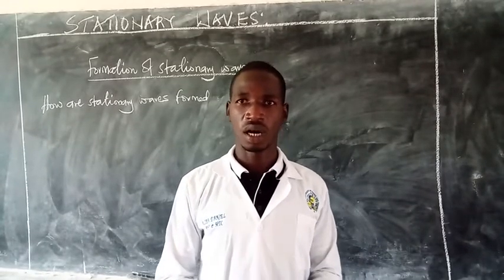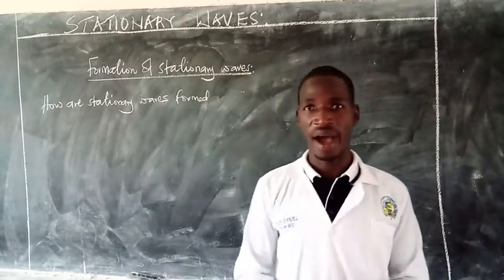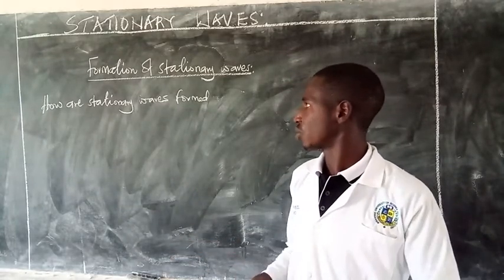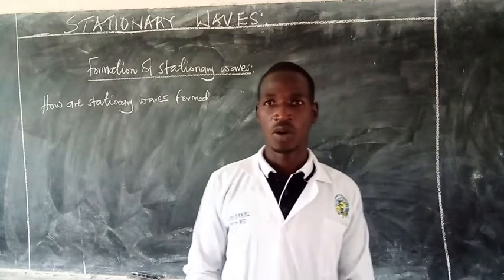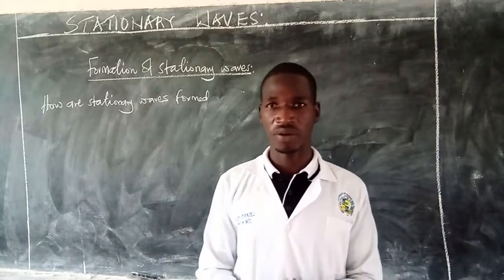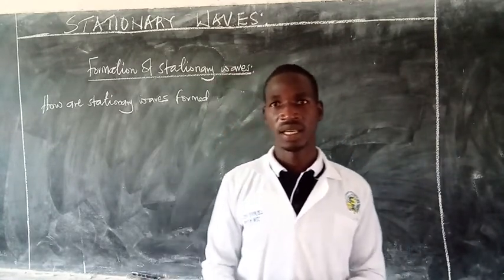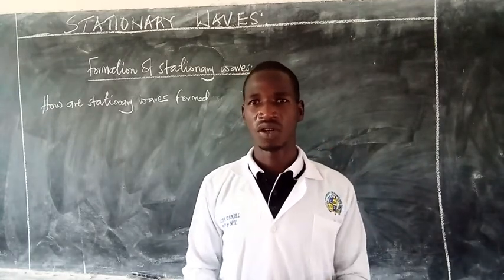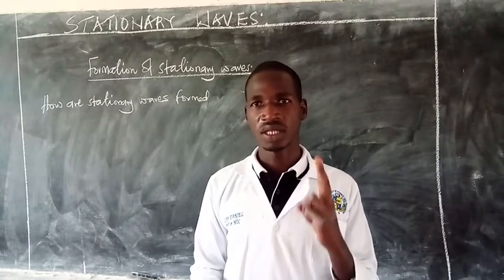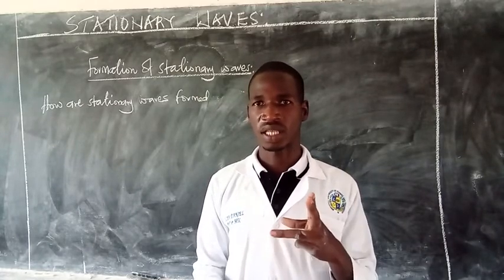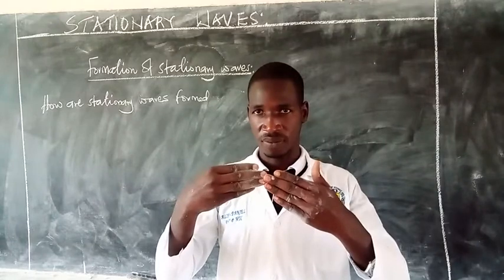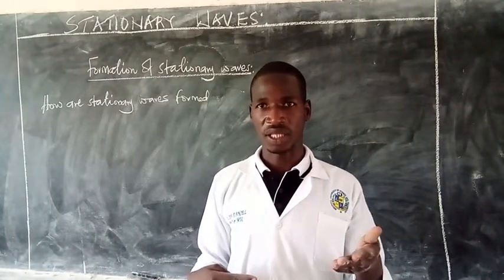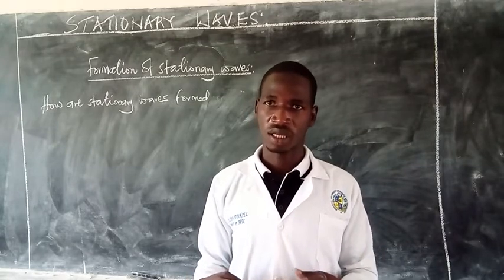Let's see how stationary waves are formed. Here we have a question. How are stationary waves formed? When we describe the formation of stationary waves, we can say stationary waves are formed when two progressive waves of equal amplitude, same frequency, and same speed meet, resulting in the formation of antinodes and nodes.